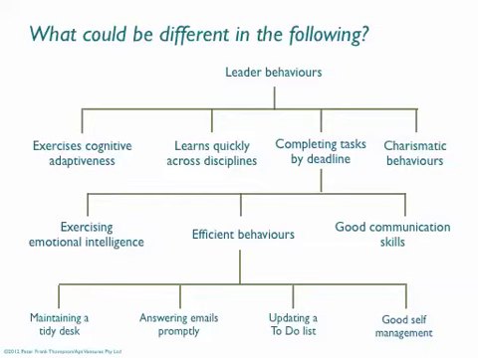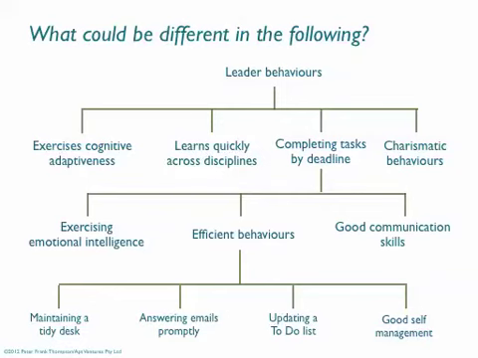I'll give you a hint on this one. Efficient behaviours, looking along the bottom, maintaining a tidy desk is clearly an efficient behaviour, or could be an efficient behaviour. Answering emails promptly could be an efficient behaviour, and also it is an observable behaviour.